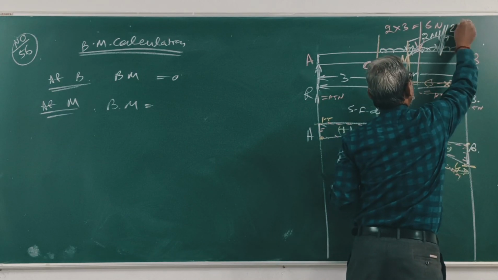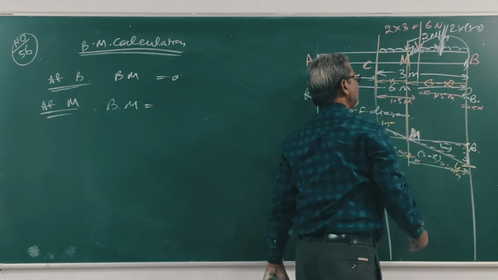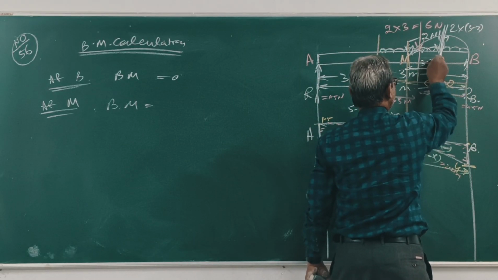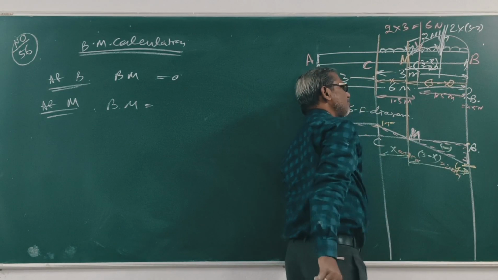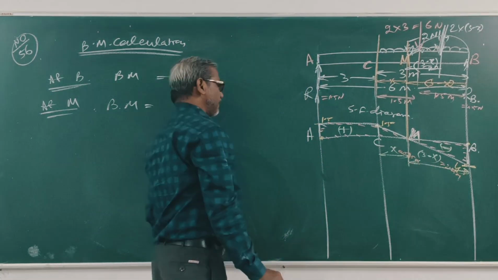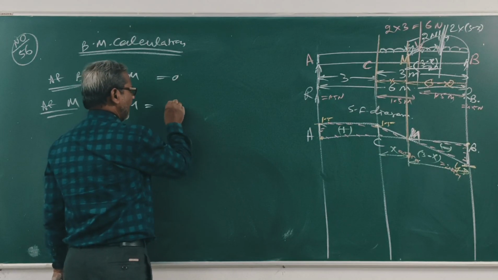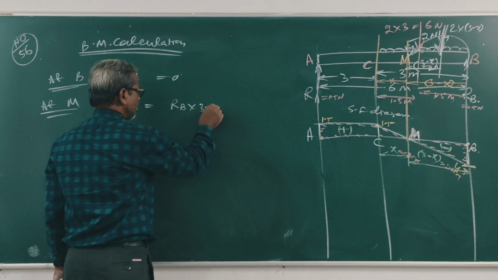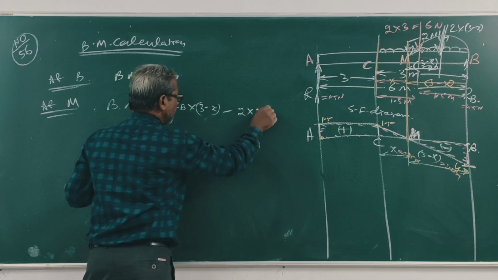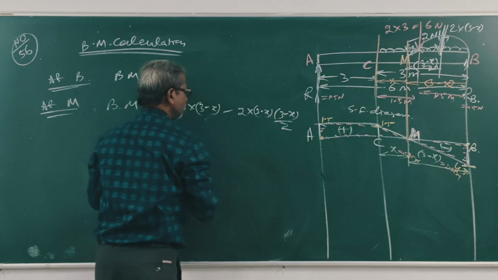This is 2 into 3 minus x, and this is 3 minus x by 2. So BM at M is equal to RB into 3 minus x minus 2 into 3 minus x into 3 minus x by 2.